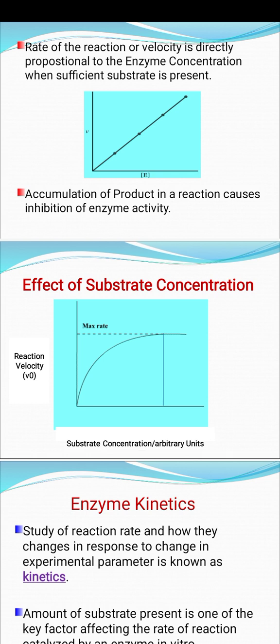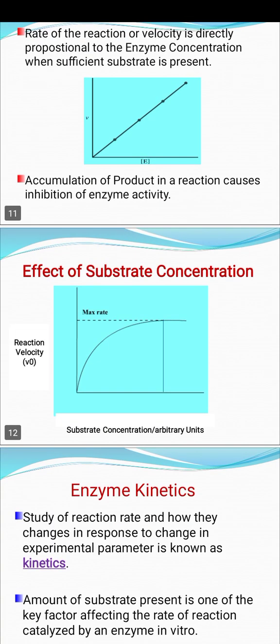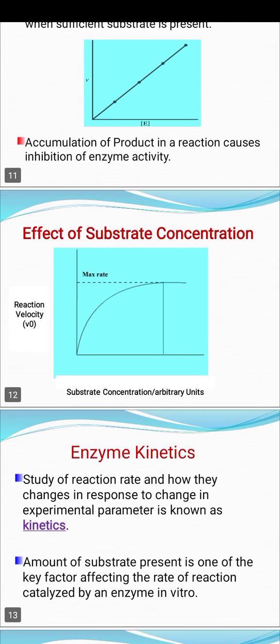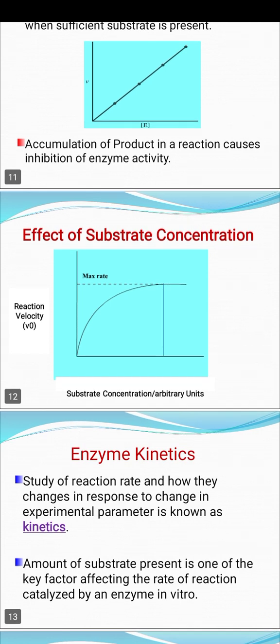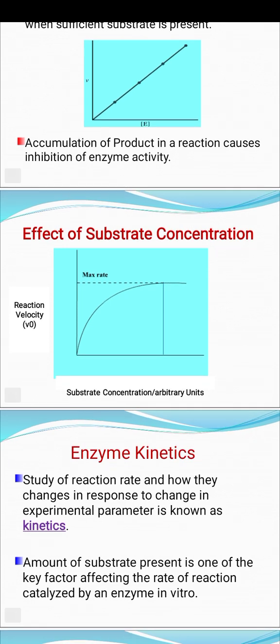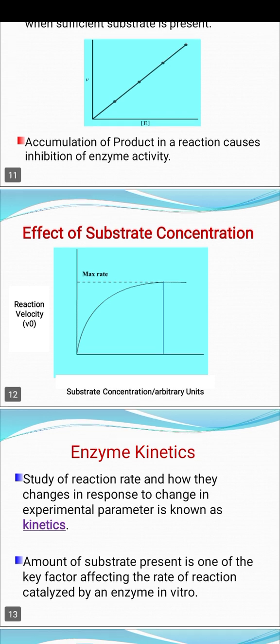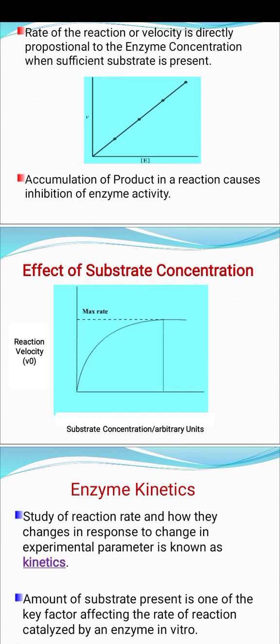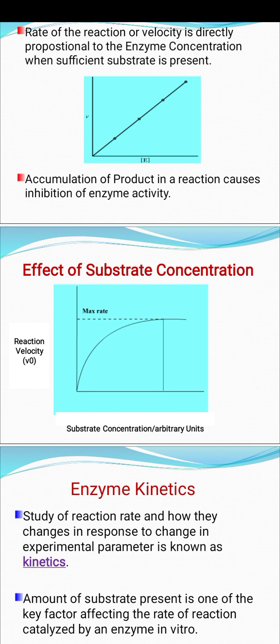Not every time do you see that the more the substrate concentration, the more the enzyme activity. This graph shows the effect of the substrate concentration on the rate of enzyme activity. This dotted line shows the maximum velocity.